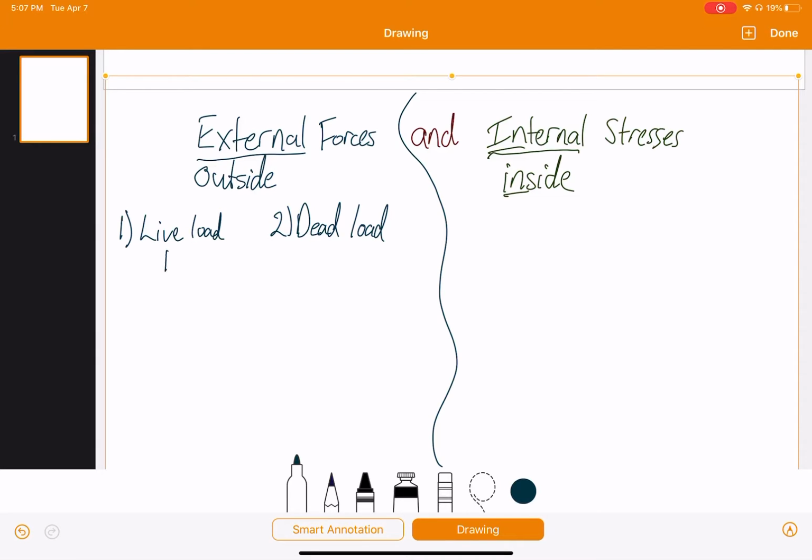So a live load is something that moves. When we think of things that are dead, or non-living things, they're not moving. So a dead load is non-moving. These forces happen first, before an internal stress is created.